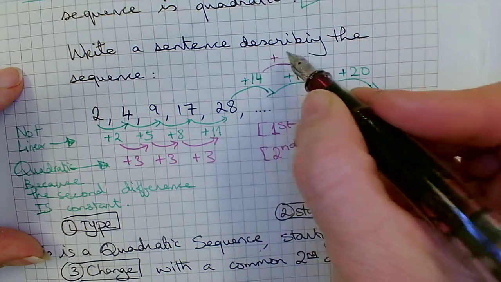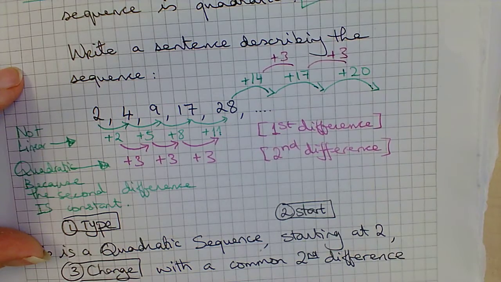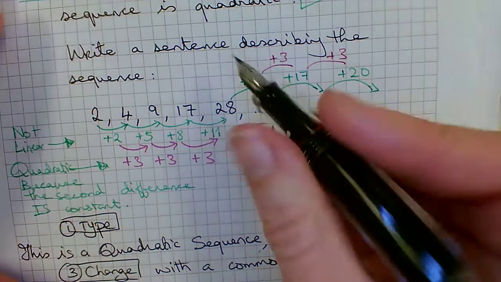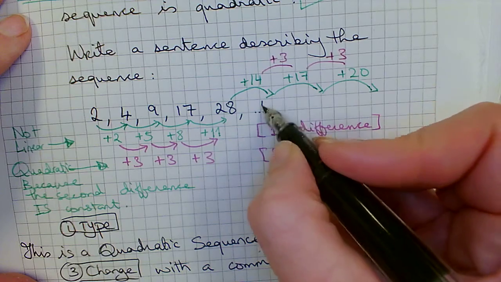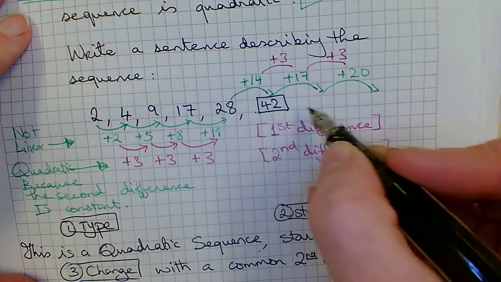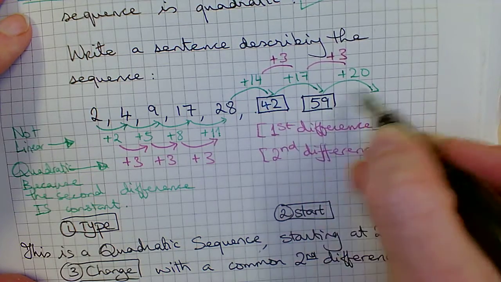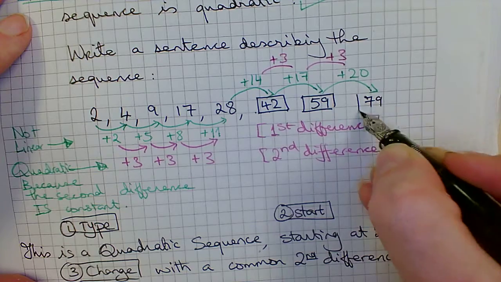So you can see my second difference, the difference between the differences, is plus 3 every time. So 28 plus 14 is 42. 42 plus 17 is 59. 59 plus 20 is 79.